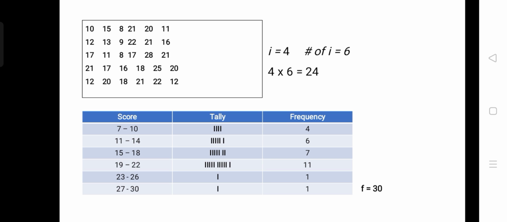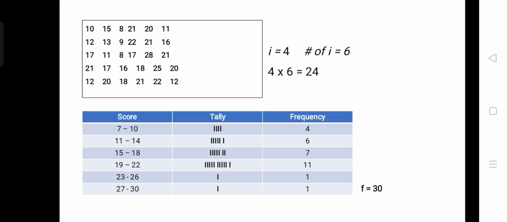So unsa ang tally? Ang tally kay ang number na nasud sa kanang 7 to 10, itali na nato siya sa atong score. So sa 7 to 10 we have 4, the 11 to 14 we have 6, 15 to 18 we have 7, 19 to 22 we have daghan 11, 23 to 26 we have 1, and 27 to 30 we have 1.